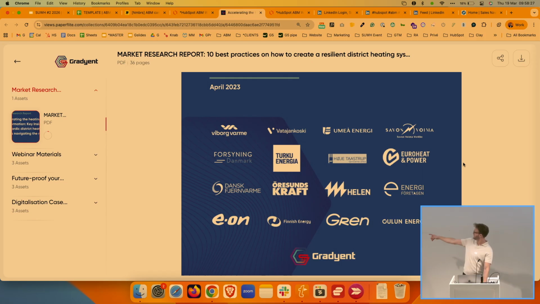Some of them, for instance Helen in Helsinki, called it the 10 commandments of district heating. It was literally printed glossy style, mandatory reading, handed out in the company, all from an external partner who in the end was, of course, trying to sell software. But look at the power of thought leadership and building true authority with your content. This is a great example of that.